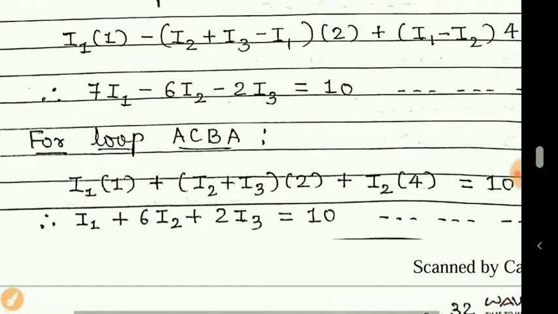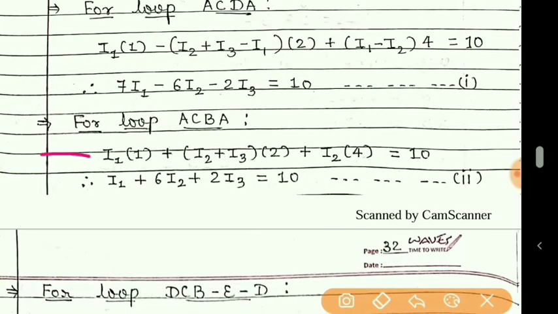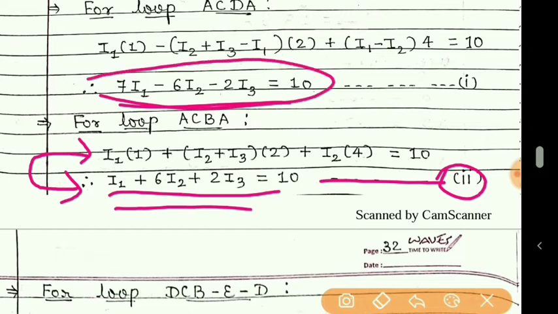Now once again we can easily simplify this equation to get this. So students, do paperwork, obtain this equation, give it number 2. Now 2 equations are obtained, but still we cannot solve these 2 equations to get the results.